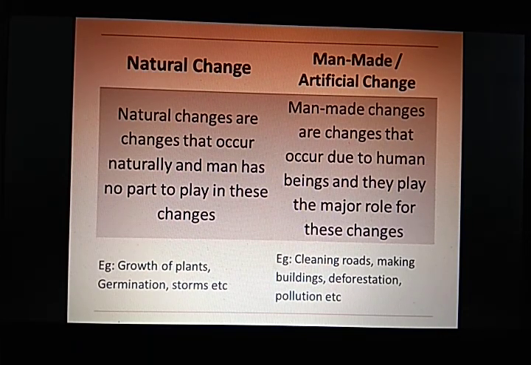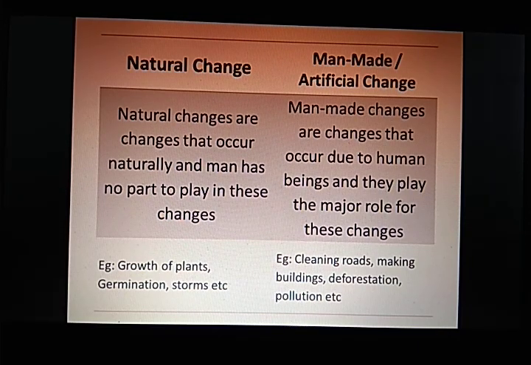As you can see, not only natural change or man-made change, but all the 5 changes which we will be discussing now have been presented to you in a tabular form, so that you can clearly identify the differences between a couple of changes, or the set of changes.